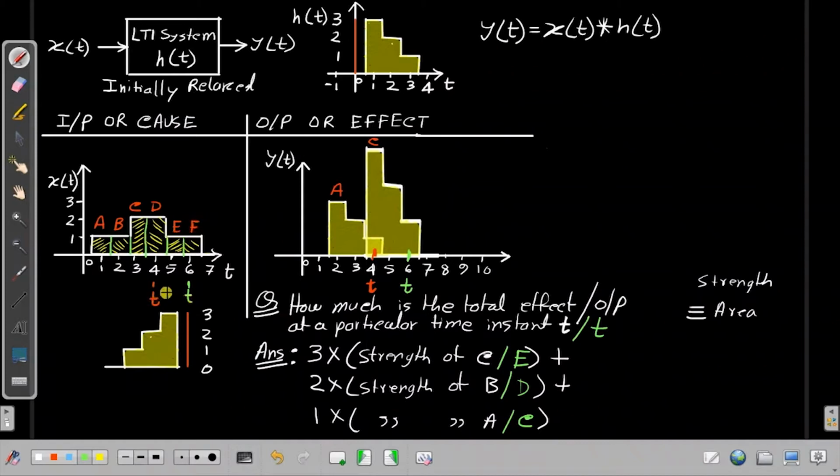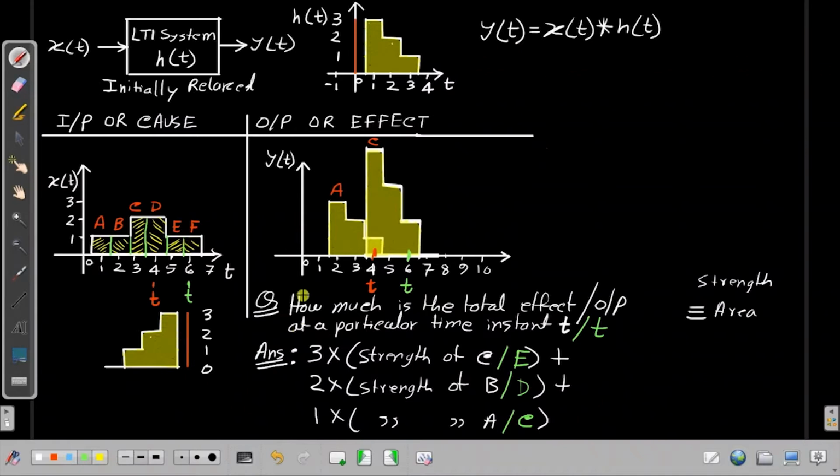And if you change your time of interest, all you have to do, you have to move this pattern left or right and put it directly below that point of interest.